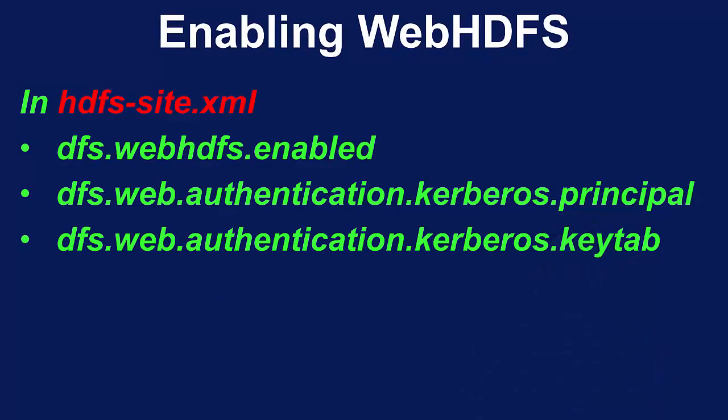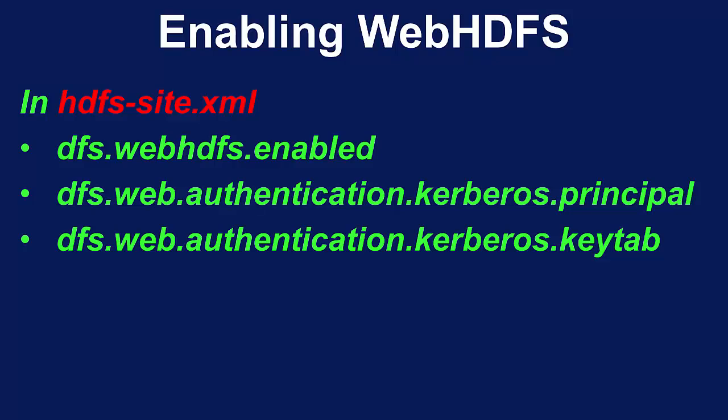So enabling WebHDFS, essentially there are three parameters, only one of which is actually needed. The other two are for security purposes and are recommended. These options are set in hdfs-site.xml. Now if you remember, the vendor options usually have a GUI based console to manage all these things, so you can set them there, but I just wanted to show you where it fits into the actual configuration files.